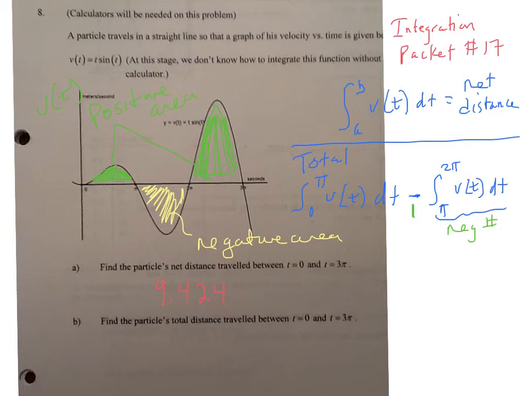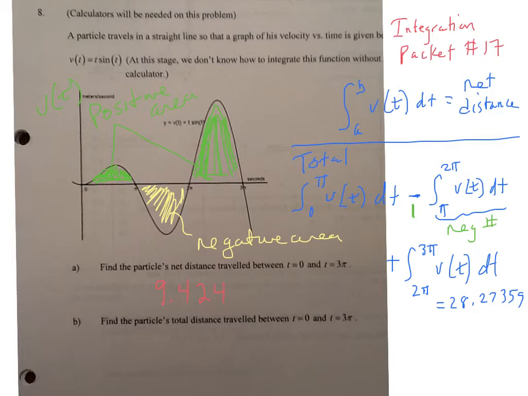And then for the third section, we would just have to add on the integral from 2 pi to 3 pi of our velocity. When we integrate velocity, we get distance. Okay, so whatever number that comes out to be, and I actually believe it is 28.27359.